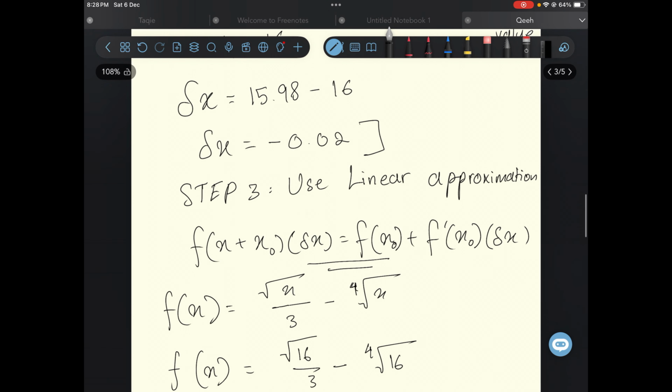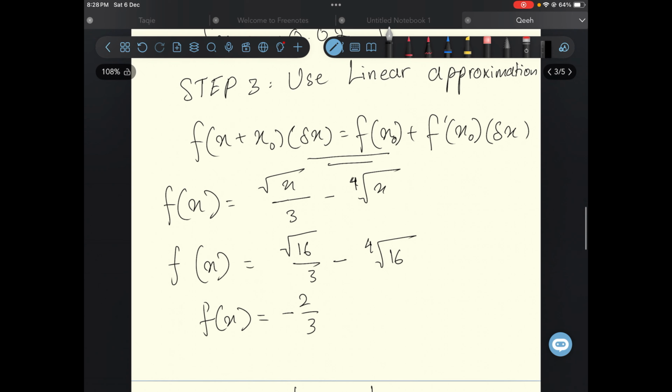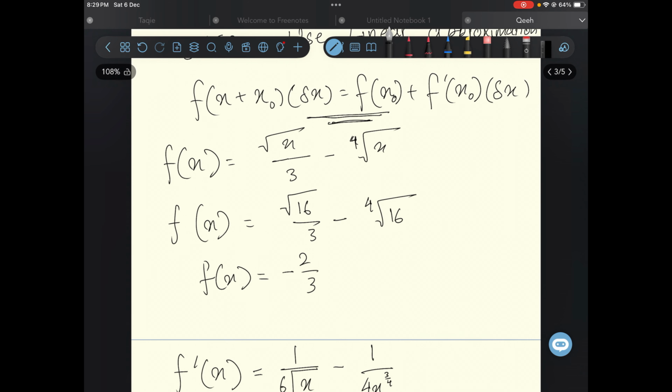After we have found it, we can proceed to the next step, which is using linear approximation to find the answer. To do this, we use this formula here. As you can see, this formula states that the function at s sub 0 plus the derivative of the function at s sub 0 times the differential is our linear approximation. Therefore, all you have to do is substitute the values and find each one by one.